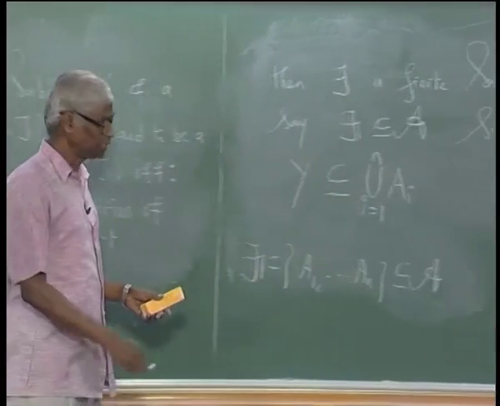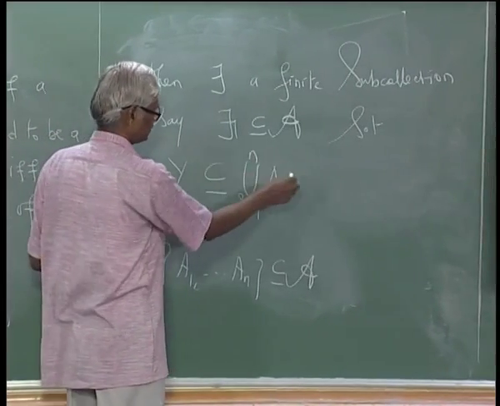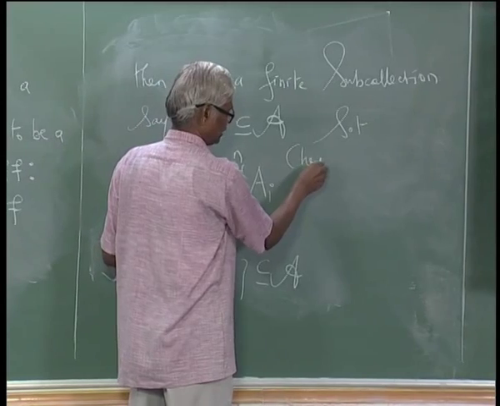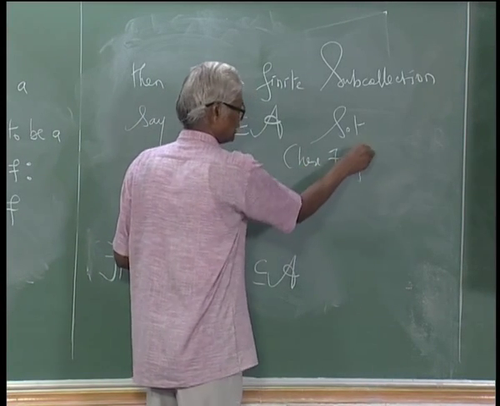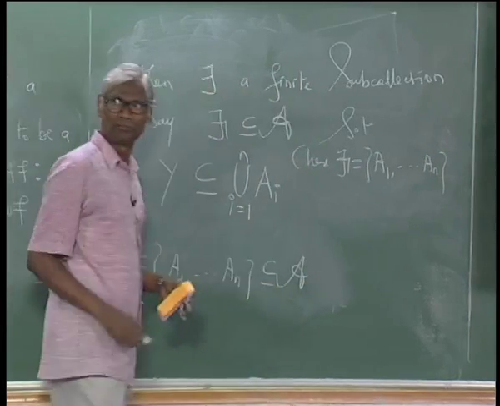In that case, script F is some finite collection, there exists at least one.